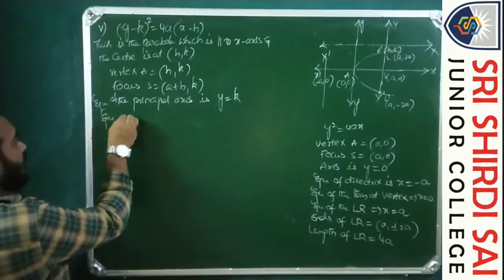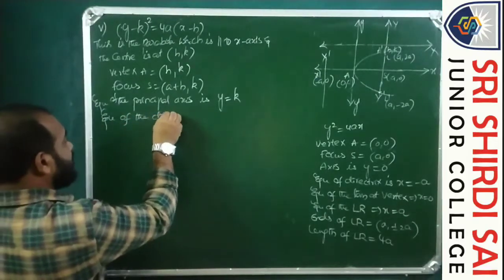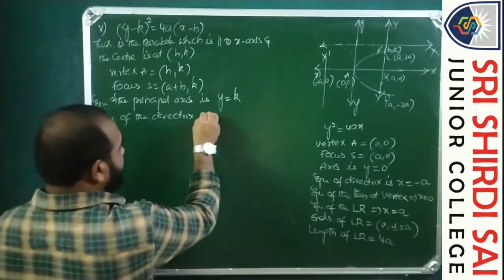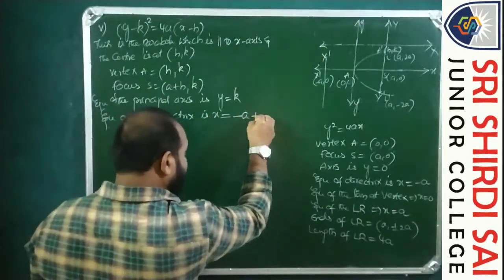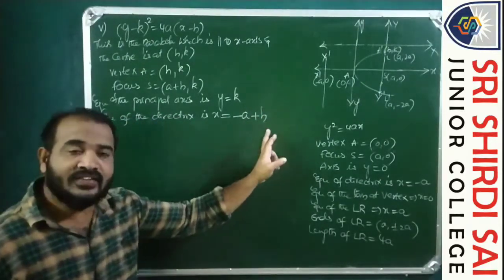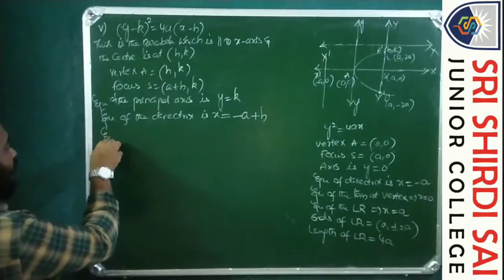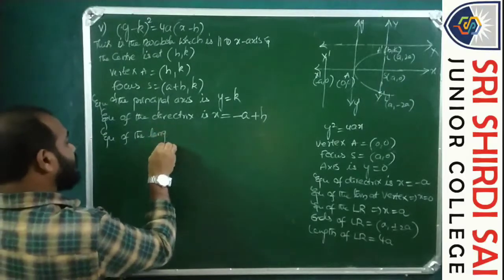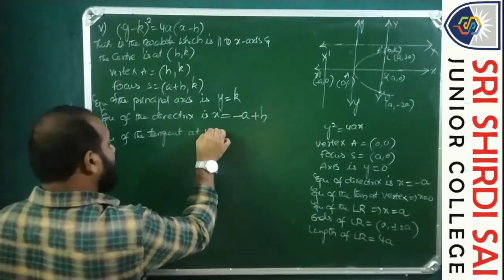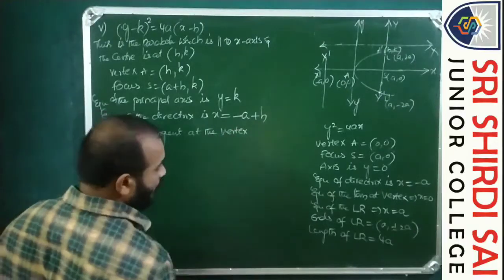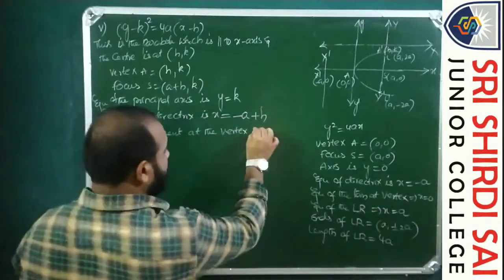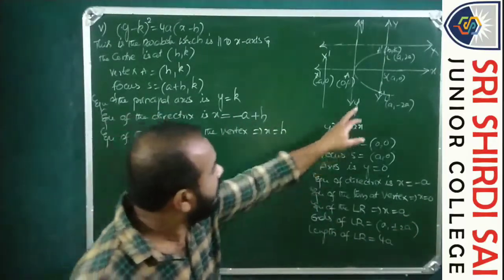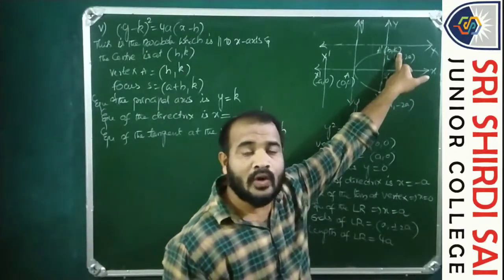Next, the equation of the directrix: x equals to minus a, here x equals to minus a plus h, so x plus a minus h is equal to 0. And the tangent at the vertex: x equals to 0 means x is equal to h. With x, h is added, and with y, k will be added.